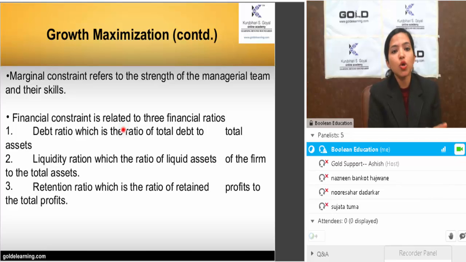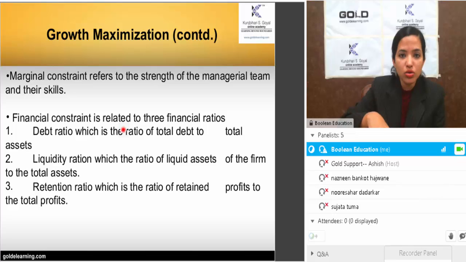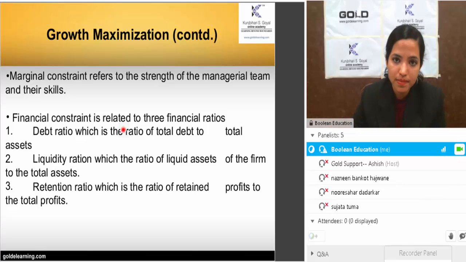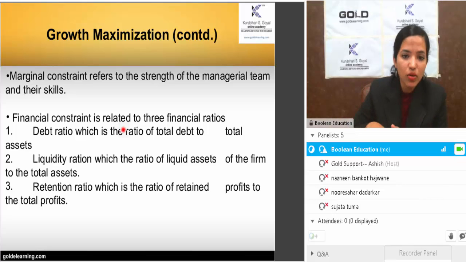Because they are good managers. And if you have good managers, they will have innovative ideas. And when they have innovative ideas, the firm's growth will be balanced growth. Correct? That's why the manager's skill is very crucial, very important for balanced growth of an organization.